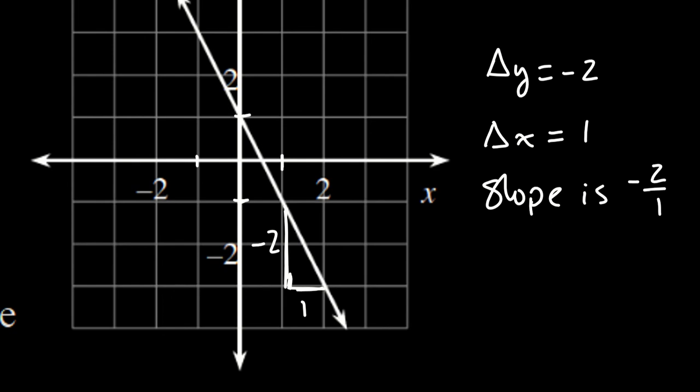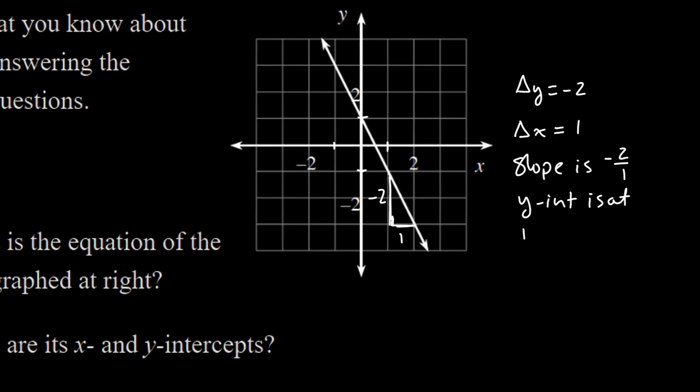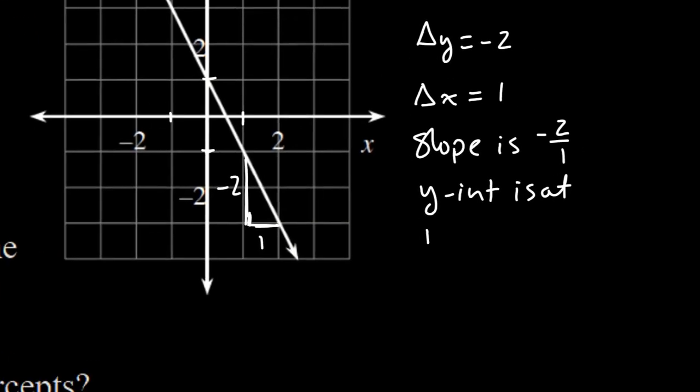And my y-intercept occurs at 1, right? Y-intercept is at 1. So the question says, what is the equation of the line graphed at right? So the equation of this line should be y equals -2x plus 1.